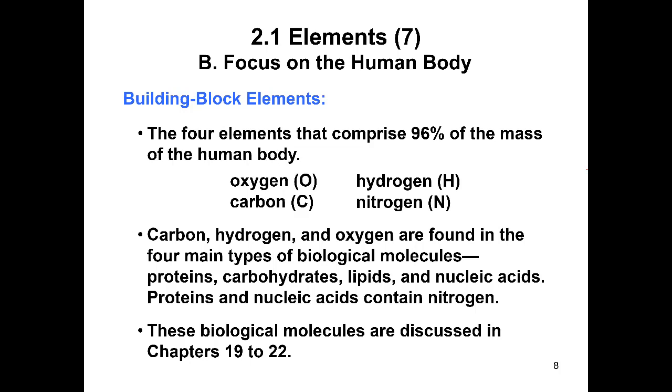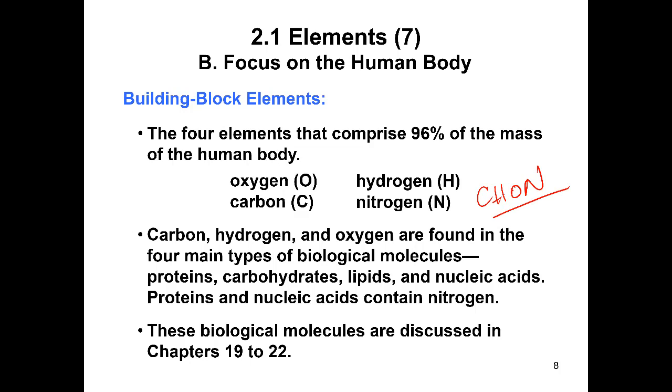Elements are the building blocks of the body and everything really. Four elements make up 96% of the mass of the body: oxygen, carbon, hydrogen, and nitrogen. All of those nice, easy ones. So CHON are the ones in our body.